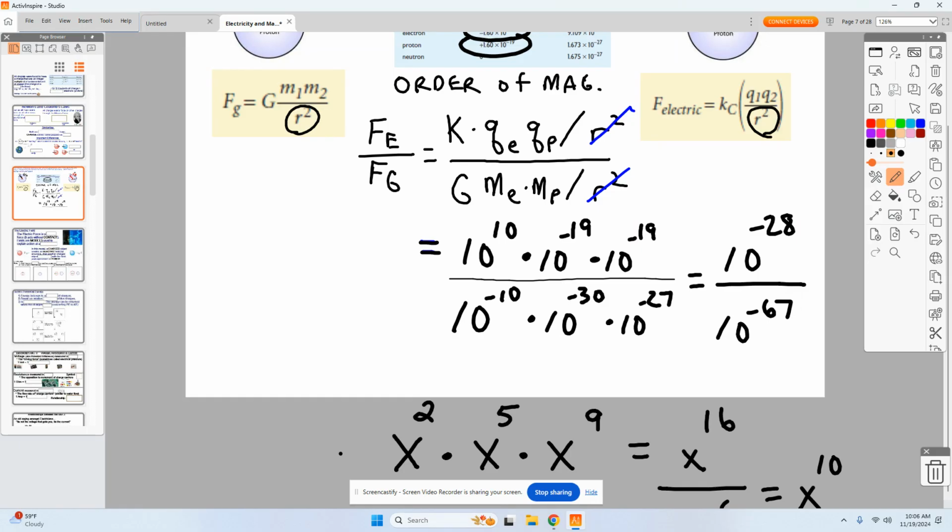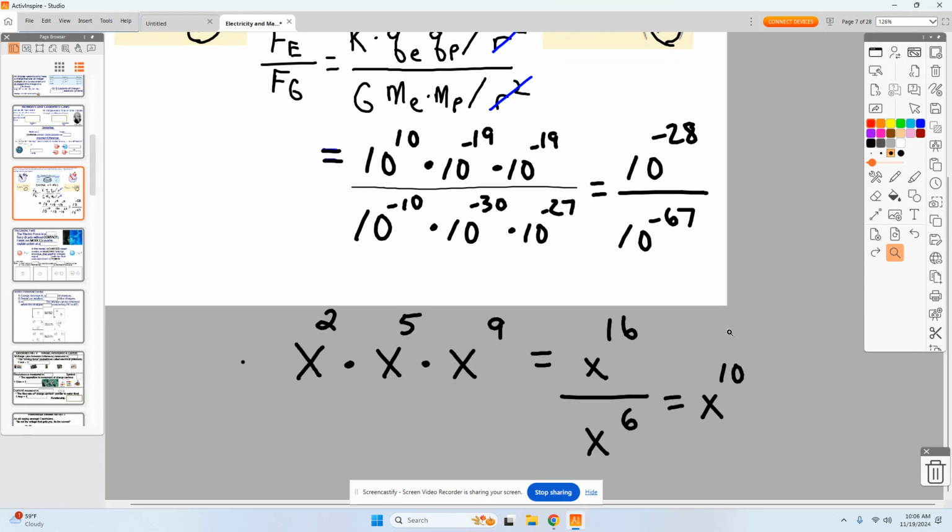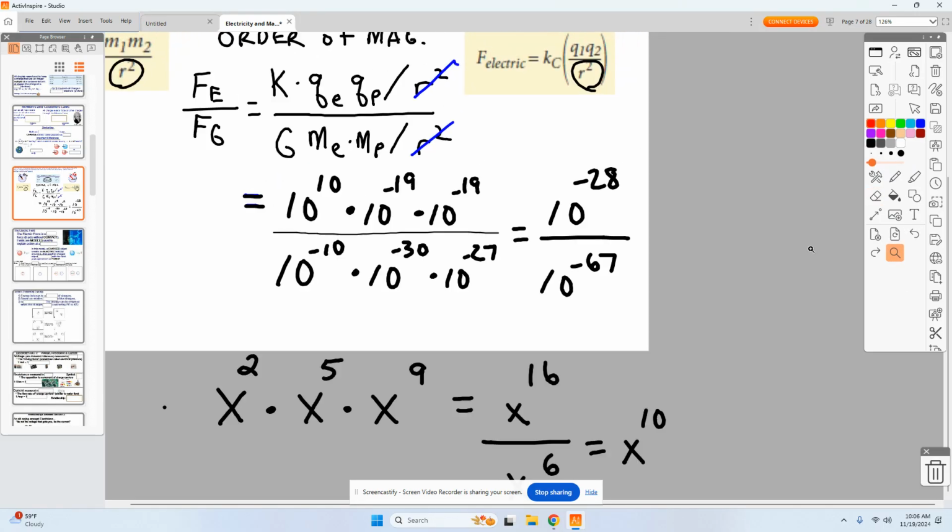Okay. Now, for both of those, I had to add the exponents. Now that I have a division here, I'm going to take those and subtract the negative 67 from the negative 28. So when I go through to do this, now I would get how big the electric force is in comparison to the gravitational force.